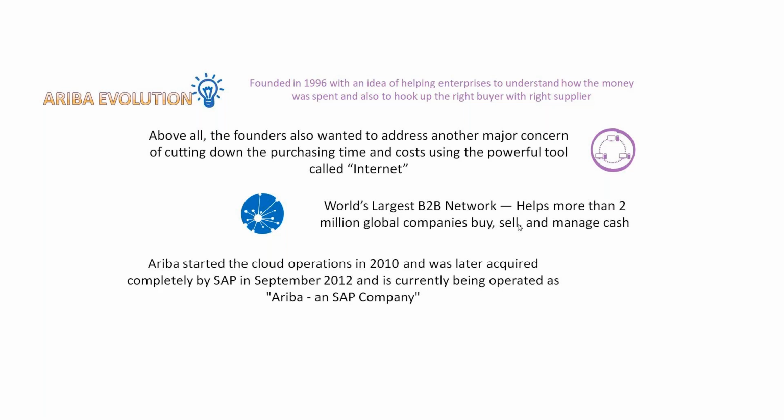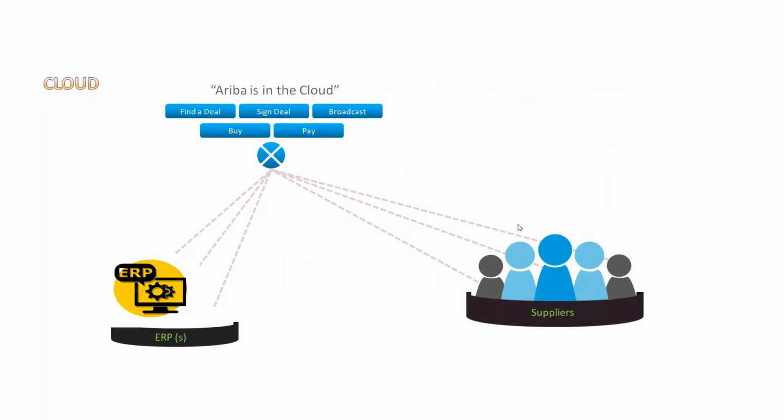It will be a kind of dashboard where they get all the information, all the purchase orders, proposals, and contracts. I just wanted to show the cloud part, because nowadays S4 HANA is also in the cloud, right?